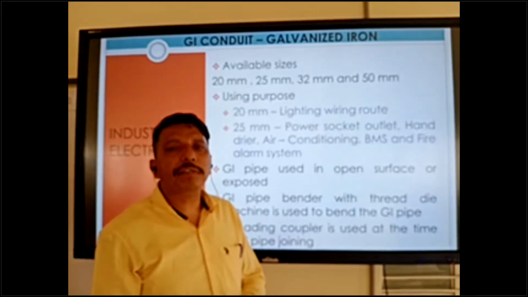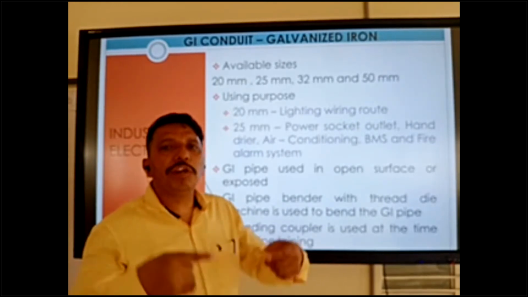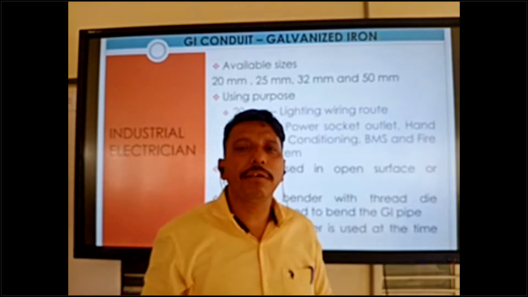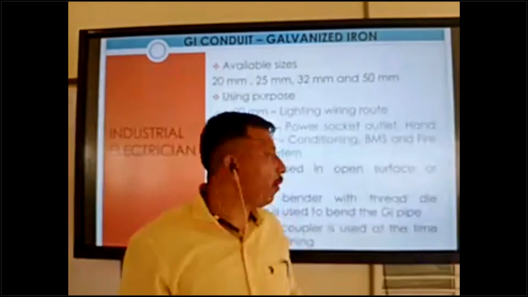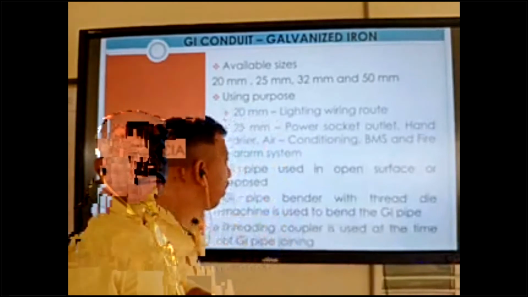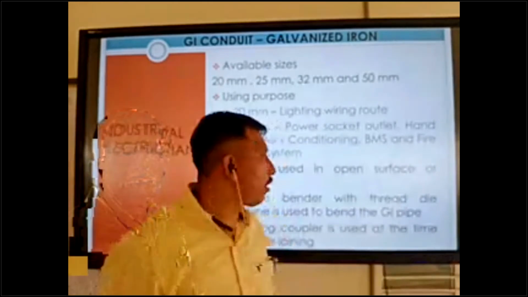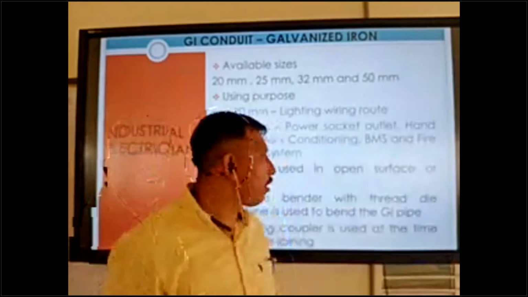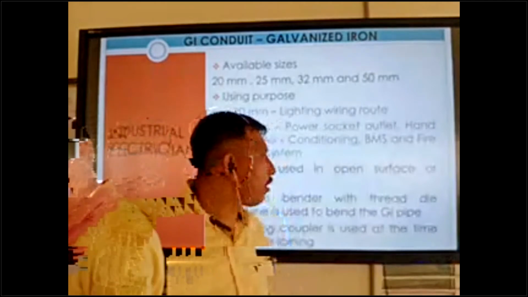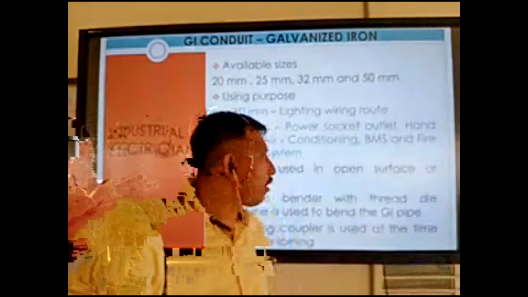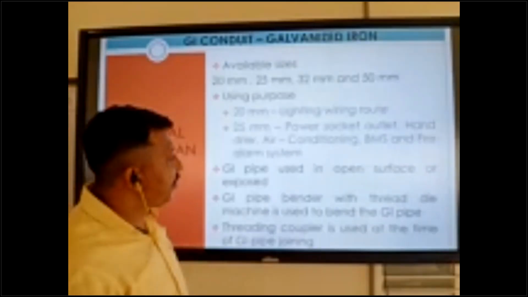For PVC pipe bending, we can use a spring bender, and for joining we can use glue or a PVC coupler. But in GI we use a thread type coupler. GI pipe bending is done with a thread die machine, which is used to bend the GI pipe.